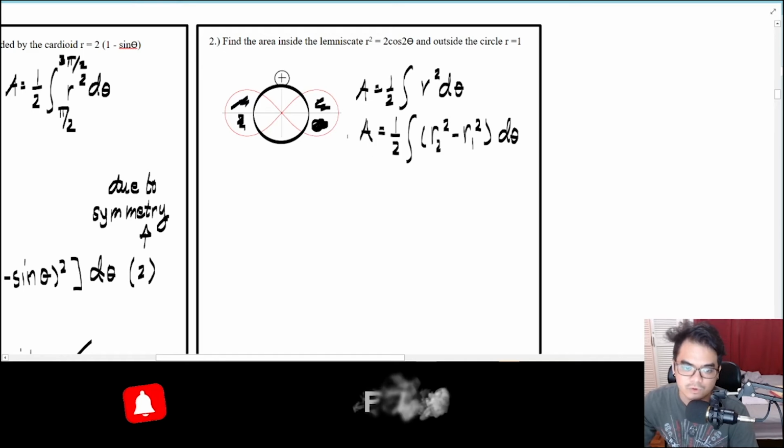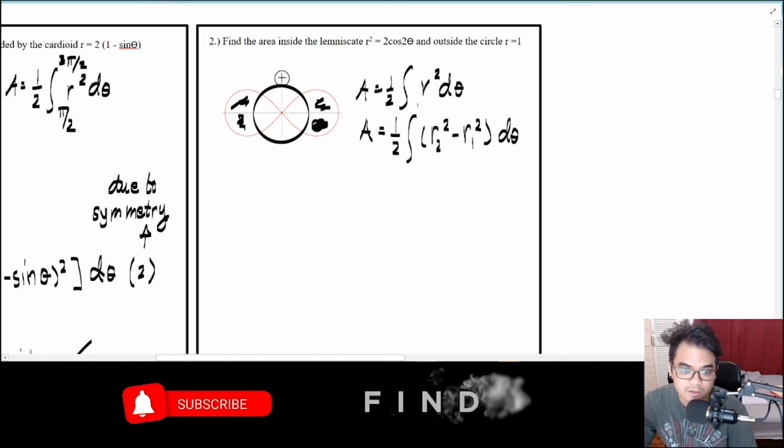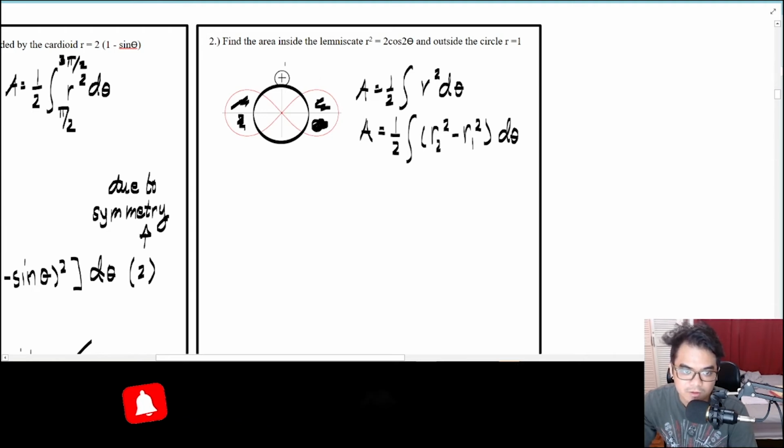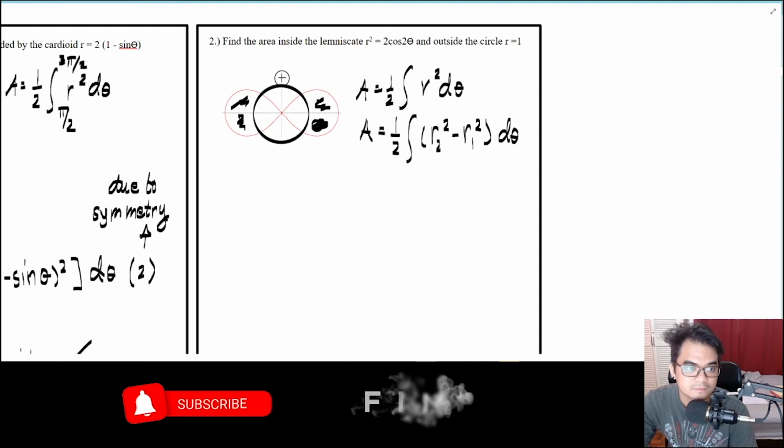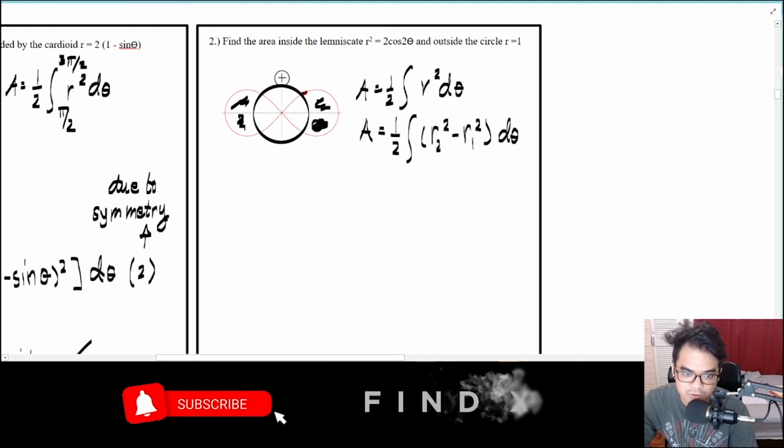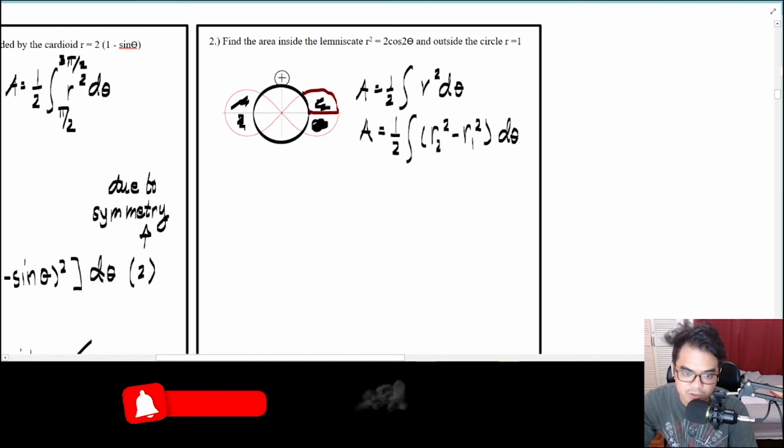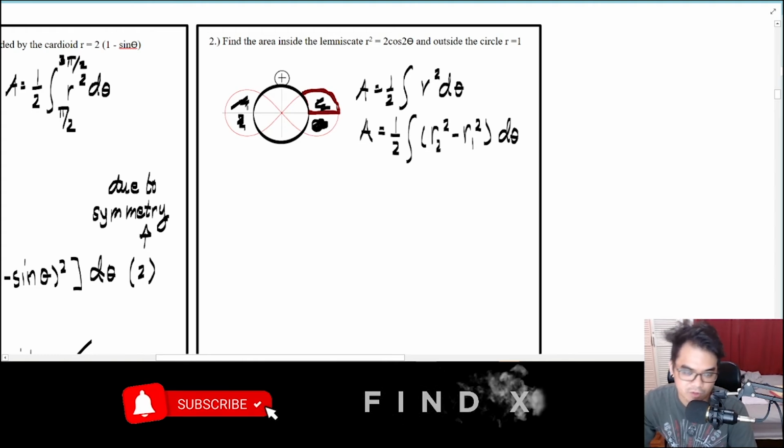Then we have to know what the limits are. Again, we'll be getting only one of the areas, and then just multiply it by 4 because there are 4 parts.